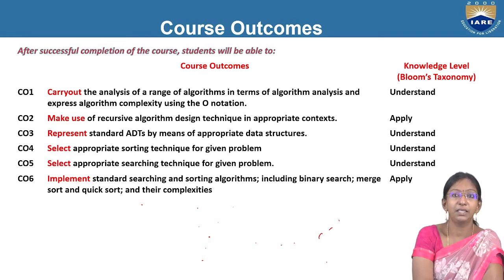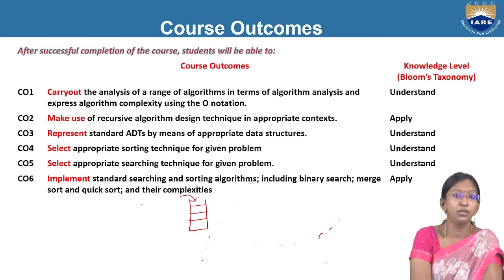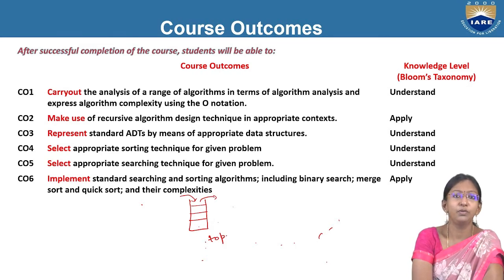For example, I can say a stack will be linear in nature, where from one end you can either push the data or pop the data, and it will be tracked by the variable top, right? So top will always be pointing to the most recently inserted element into the stack, right?